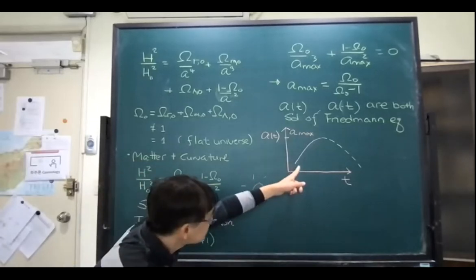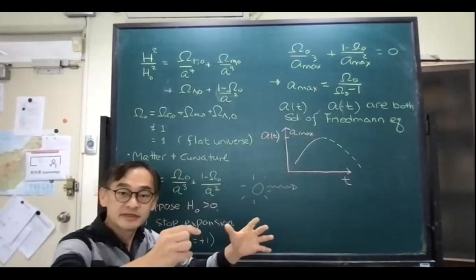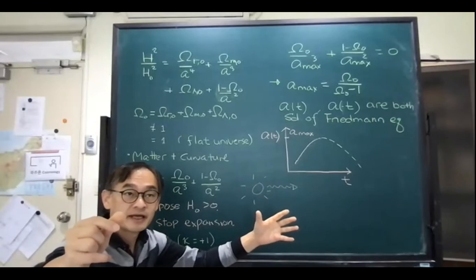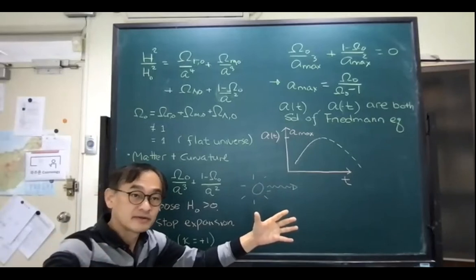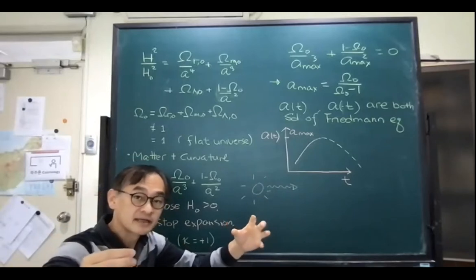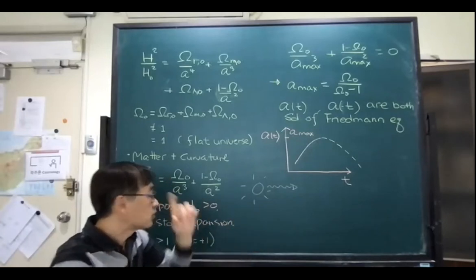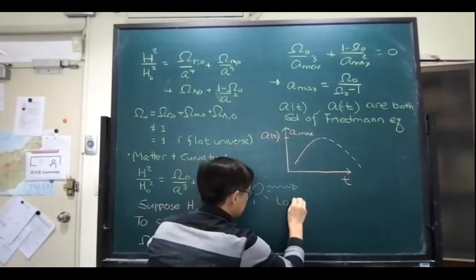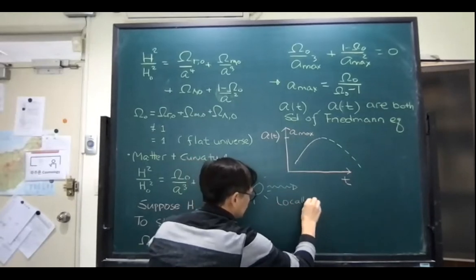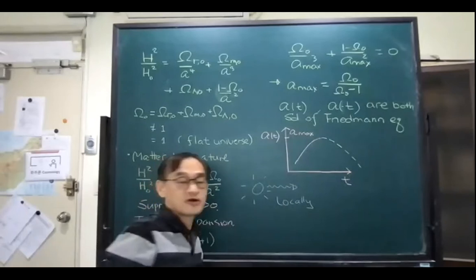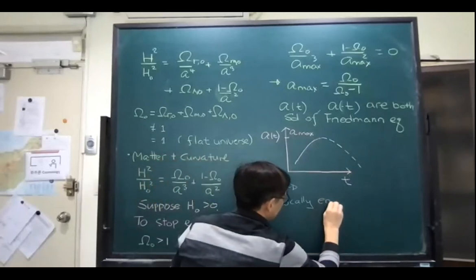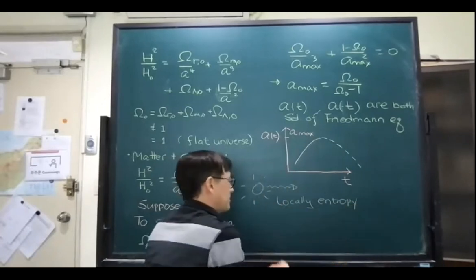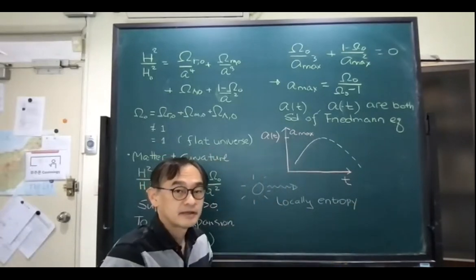So according to this, the universe expands, stops expanding and crunches back. But locally, there's a term called entropy, which increases.